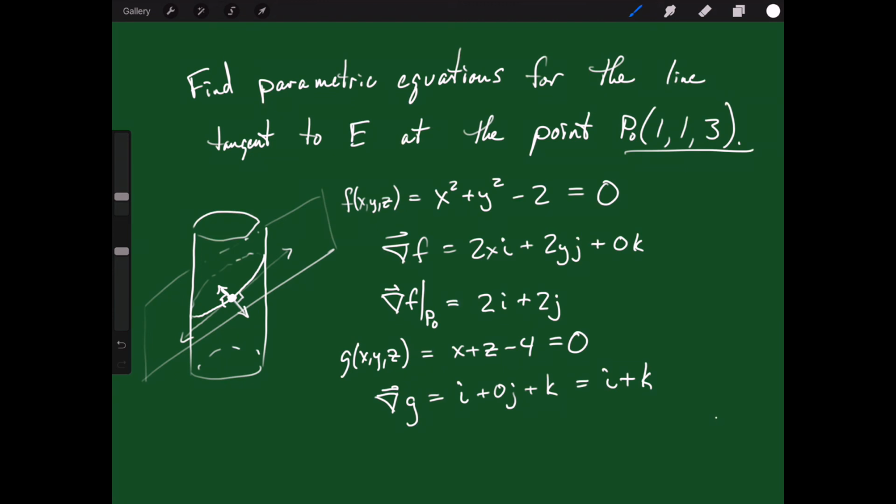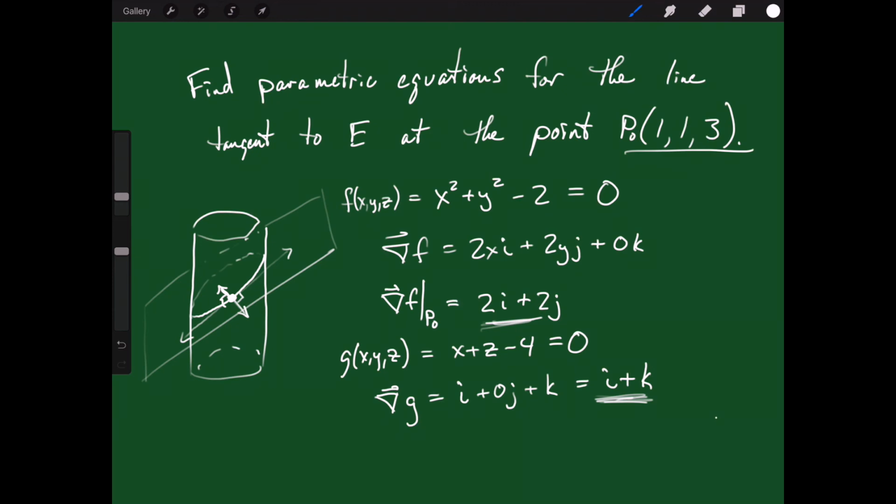Now, notice that these two are not parallel to each other. So if I have something that's normal to this one and it's normal to this one, those two lie in a common plane. And that plane has a normal vector.